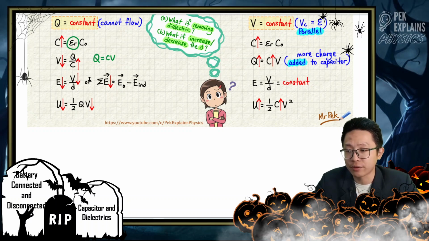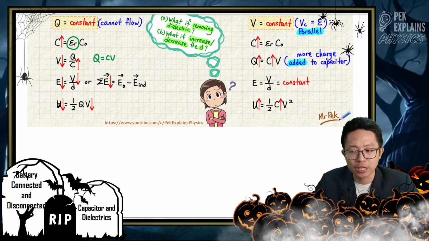If you insert a dielectric, the electric field strength inside the capacitor will decrease because you have an induced electric field, minus, so the electric field decreases. Or you can use this formula also: when V decreases, E also decreases.